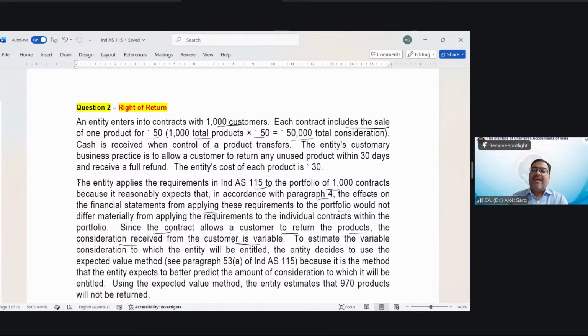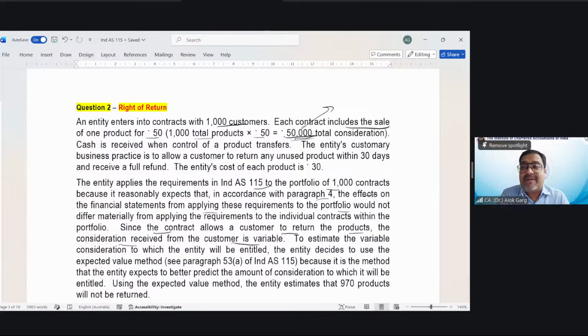Tell me, are you sure and certain today that you will receive this total consideration of 50,000 rupees? Can you say with conviction that I have sold goods worth 50,000 rupees and I will receive 50,000 rupees? The answer is no. It means there is a variability element, which will be confirmed upon the happening or non-happening of some future events.